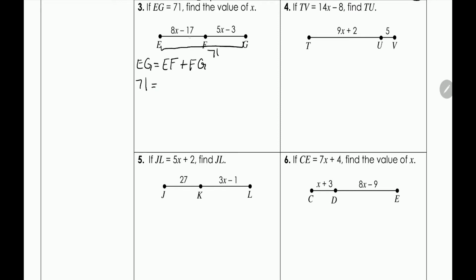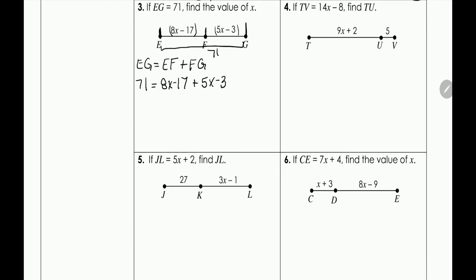We know that EF, we can see the length for EF is going to be this expression here. So we're going to put 8x minus 17, and we don't have to put that in parentheses, so let's not. It makes it a little more confusing, I think, sometimes. So this EF is going to be 8x minus 17 plus FG is going to be this 5x minus 3.